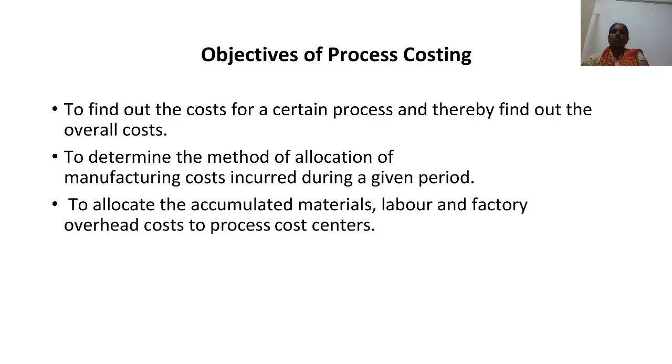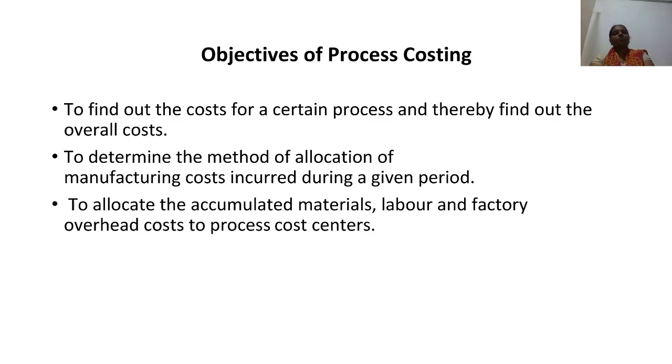Objectives: we have some objectives. The first is to find out the cost for a certain process and thereby find out the overall cost. First we have to find out the cost for each and every process, then we add up, and finally we get the overall cost.